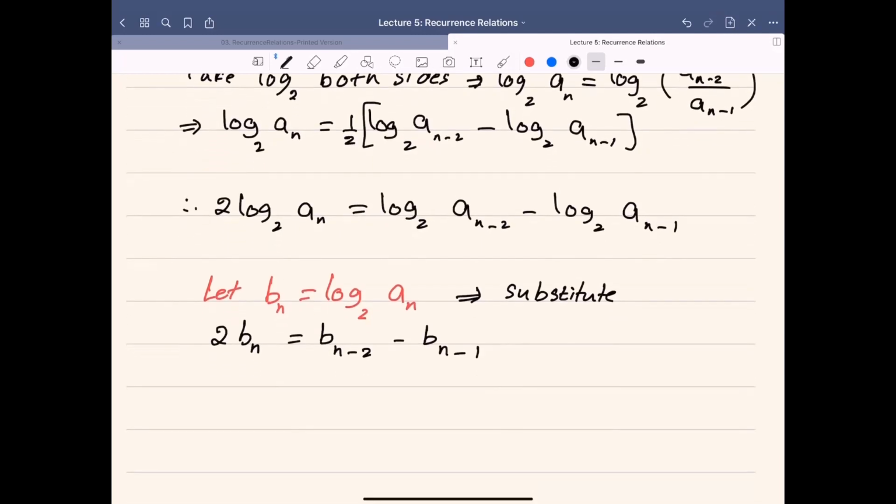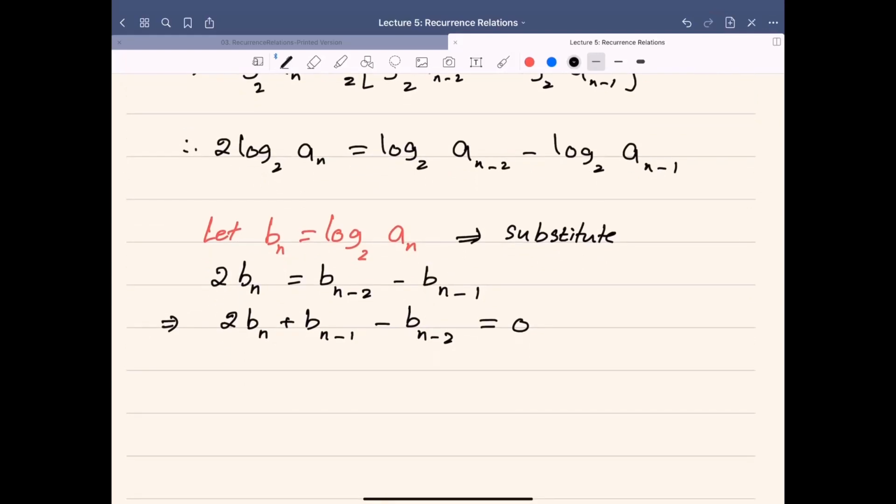You rearrange the recurrence relation as before. You put the largest subscript first, then comes b_{n-1}, you take it to the other side, then b_{n-2}, you also take it to the other side.